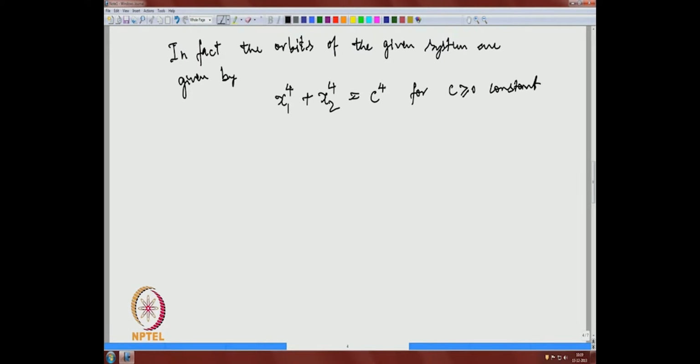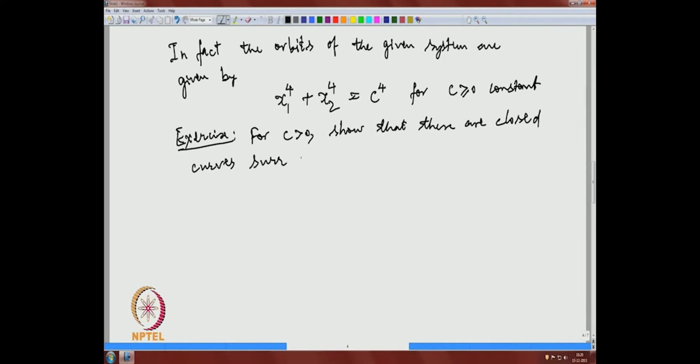As an exercise, for C positive, show that these are closed curves just like circles. These are not circles, something different from that, closed curves surrounding the origin.